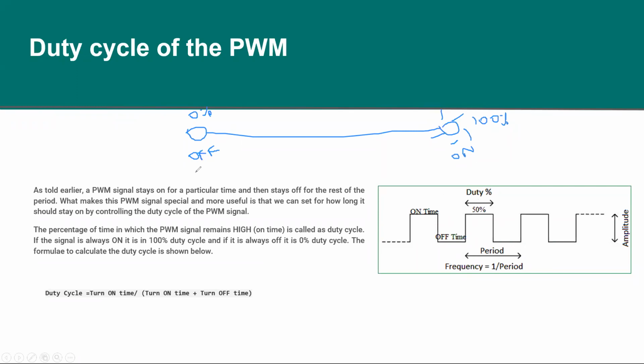If we discuss this in analogWrite, this is 0 and this is 255. In the digitalWrite function, we can either turn off the LED or turn on the LED. We cannot have a medium brightness level anywhere. But with analogWrite, if we say 0, that is off. If we say 255, that is fully on.